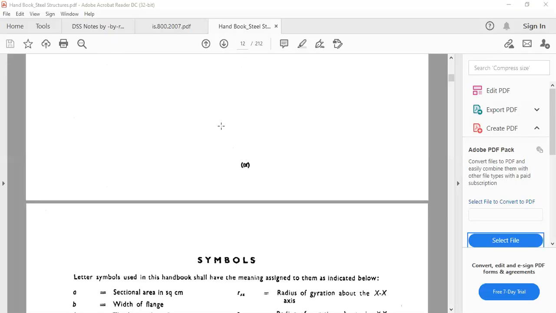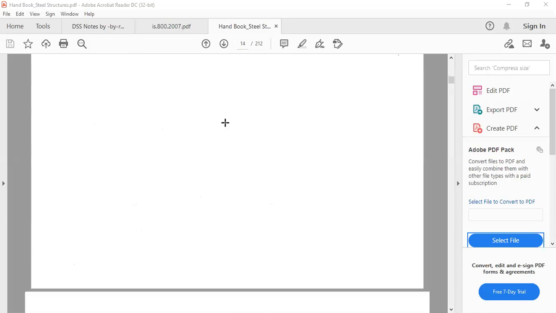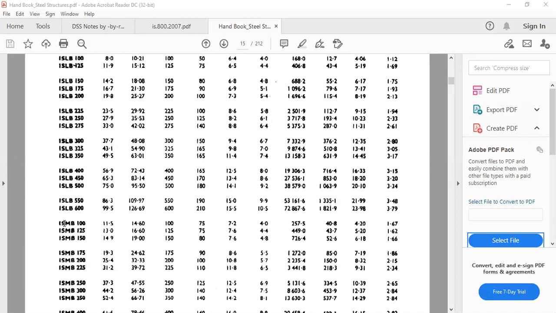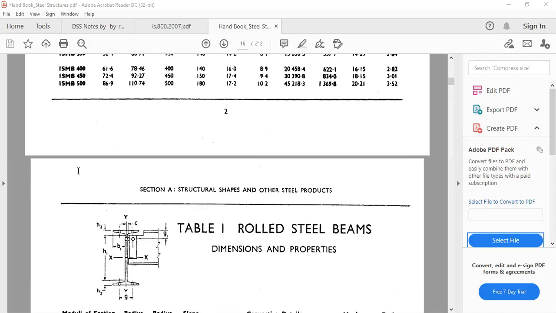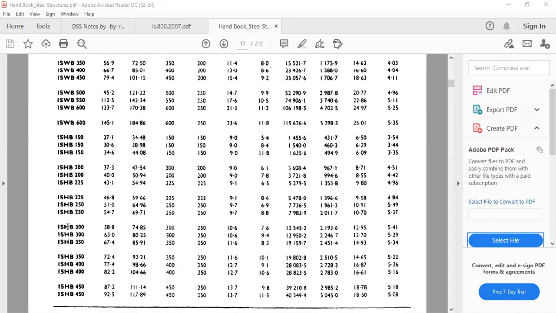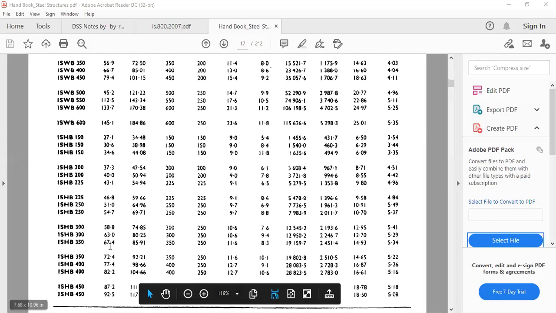So here is the handbook. They have given the section as ISHB 300 at 577 Newton per meter. So we have to search for ISHB 300 at 577.